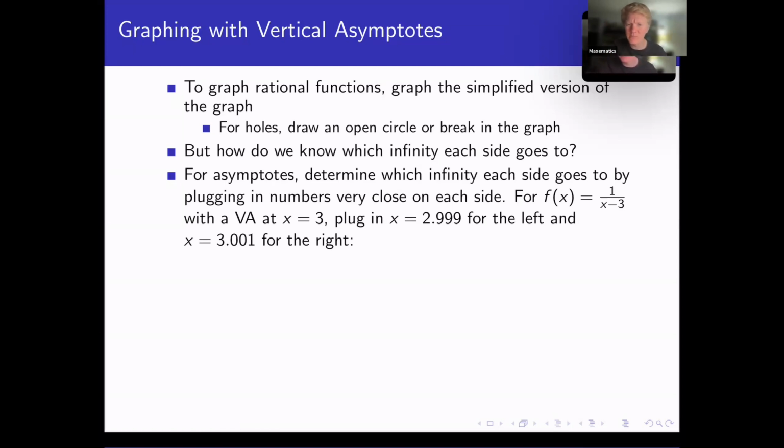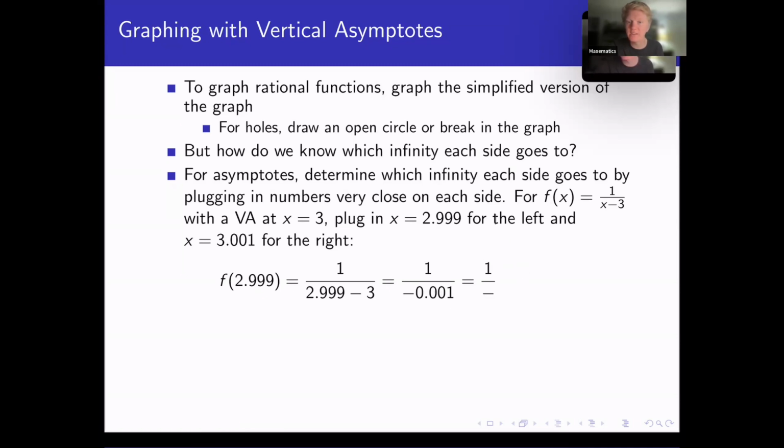Now, here's something to keep in mind. We don't actually care what the value is when we plug these numbers in. We already know that the behavior is either going to infinity or negative infinity from each side. So all we care to figure out is the sign of infinity. So for example, when we plug in 2.999, well, 1 over 2.999 minus 3 is 1 over negative 0.001, and this is a positive number divided by a negative number.